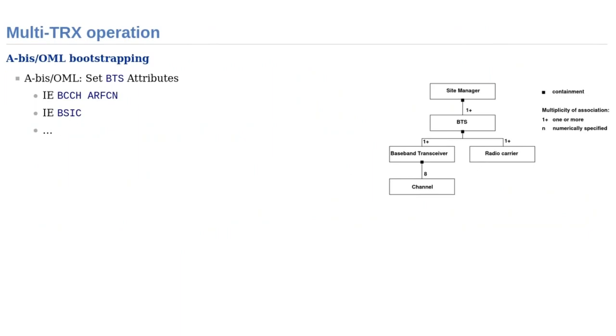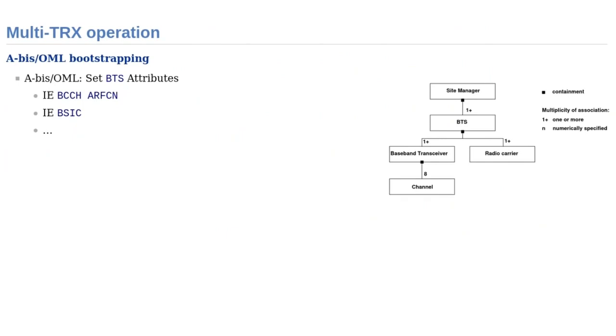You first have this so-called OML bootstrapping, and one of the OML messages you have is the set BTS attributes, where for the BTS component you basically set the channel number where it is supposed to transmit the main carrier, and base station ID code.